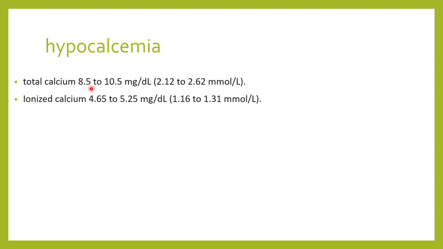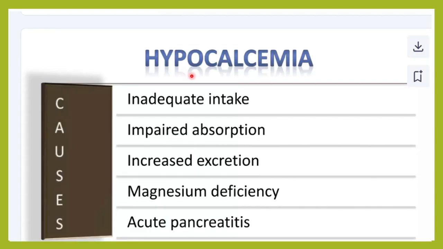When the level of calcium goes below this normal range, it is called hypocalcemia. Causes of hypocalcemia can be inadequate intake or impaired absorption, increased excretion, or an associated mineral deficiency like magnesium deficiency, acute pancreatitis, etc.